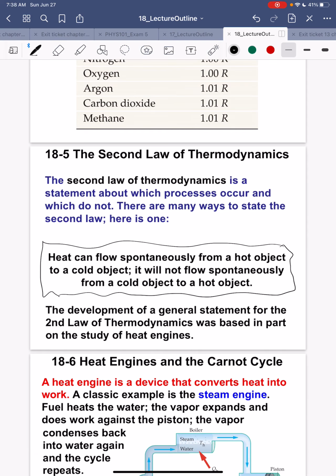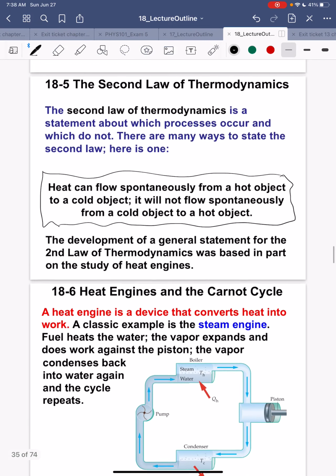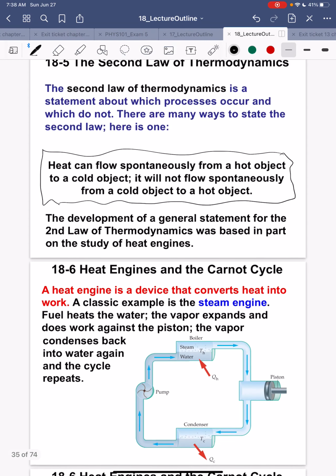Now, the development of a general statement for the second law of thermodynamics was based in part on the study of what are called heat engines. And what are heat engines? These are devices that convert heat into work that we can use.